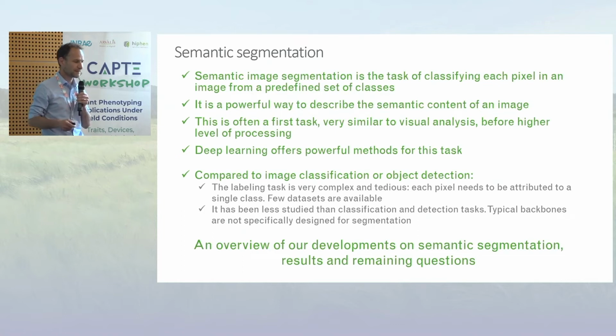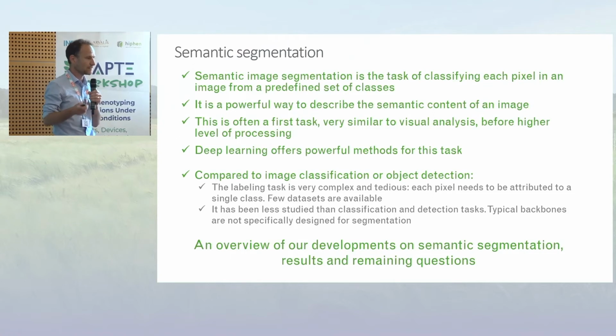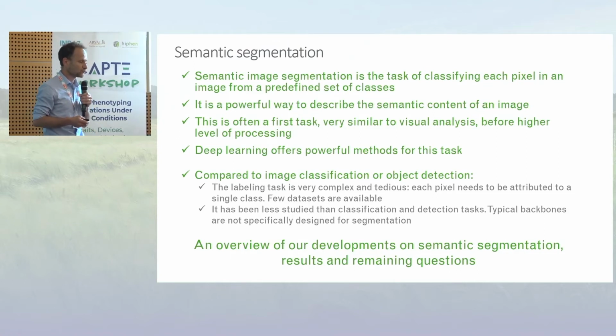And for this task, deep learning is particularly powerful. Some years ago it was done using filters and colorimetric approaches, and now deep learning has really taken the place and is used for this task.